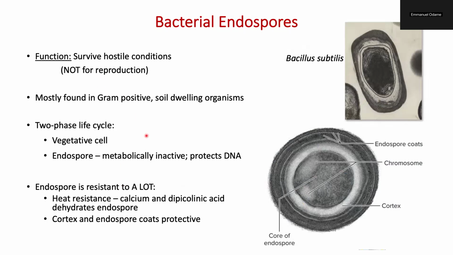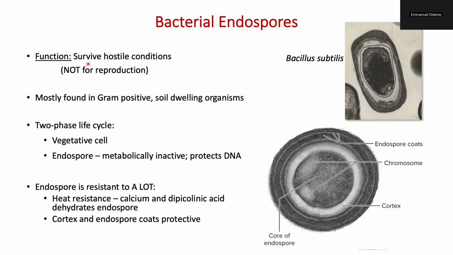Next are the bacterial endospores. When the bacteria face danger and want to protect themselves, some bacteria end up producing endospores, which is basically a mini version of themselves, formed to protect themselves so that they can revive later on.